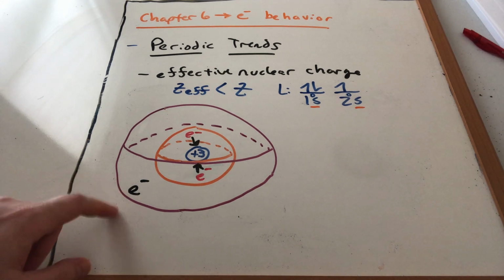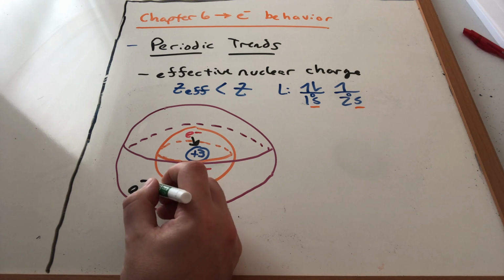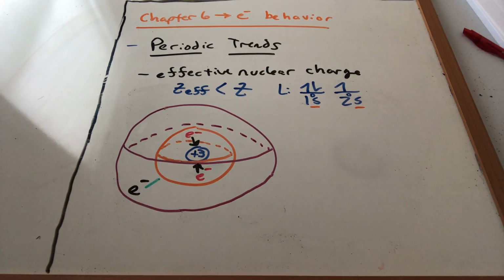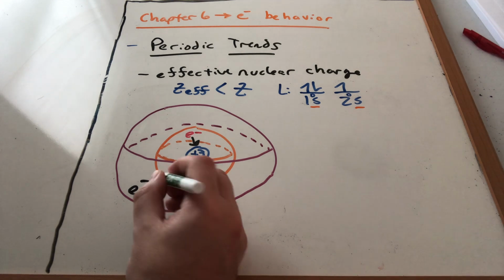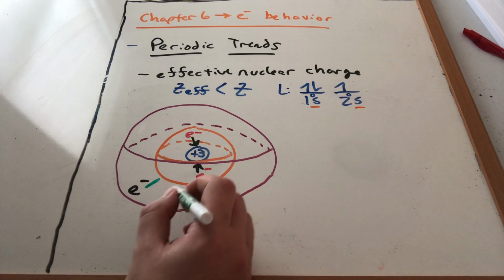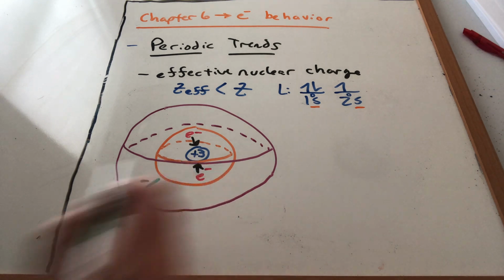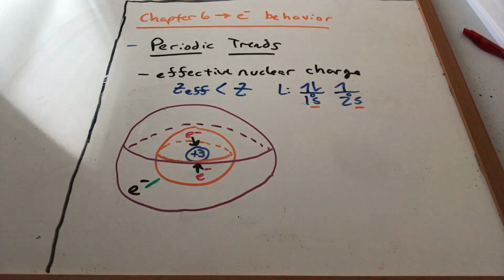What about this outer electron? This outer electron starts to look towards that +3. And remember, if it could feel that full +3, it would feel that full Z of charge, because Z for lithium is 3. But what's in the way? These electrons. So it doesn't just see positive when it looks in here. What does it find before it gets to positive?